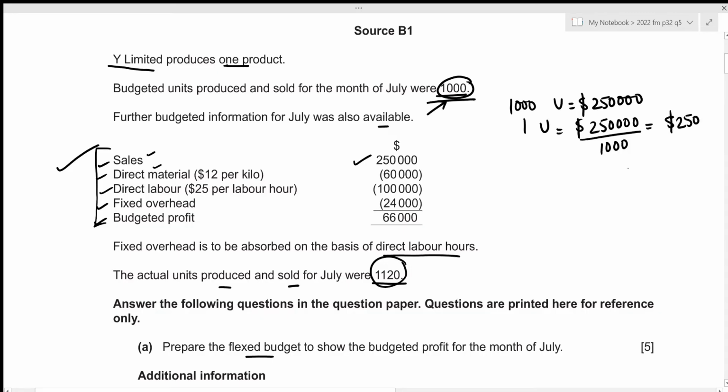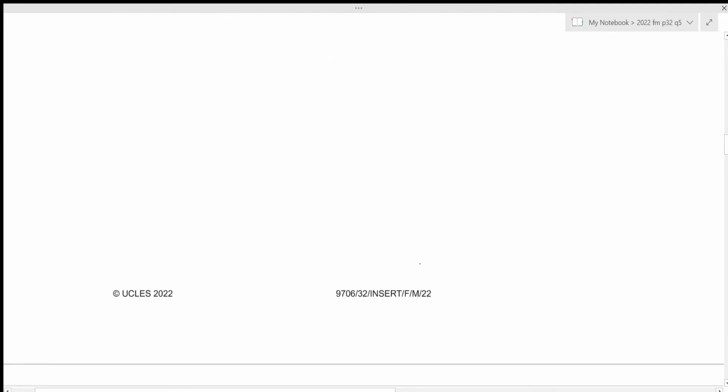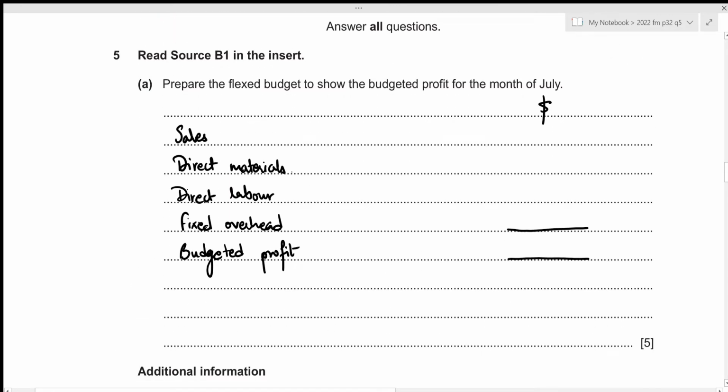And now we need to figure out the total revenue for these number of units. So in order to figure out that, we just multiply the numbers 250 with 1,120. Let's write it down. So the total number of units is 1,120 times our selling price per unit of 250, which results in the total revenue to be 280,000.